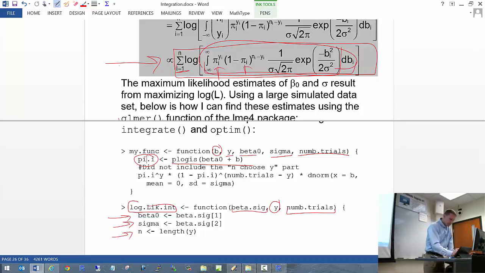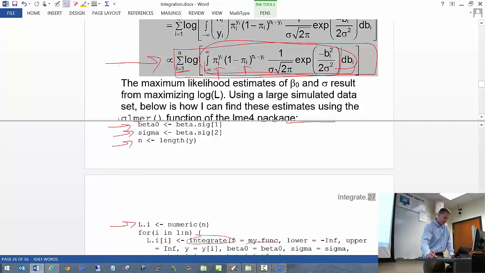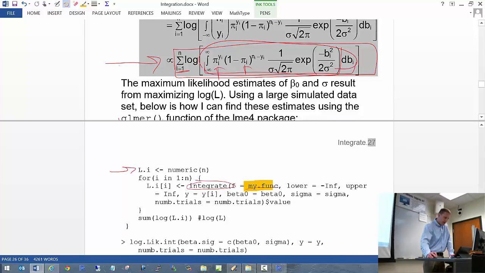Next, I put in the whole function I'm integrating. Take pi.i raised to the y power, times 1 minus pi.i raised to the number of trials minus y power, times the density for my normal distribution. So that's what I'm integrating, from negative infinity to infinity.